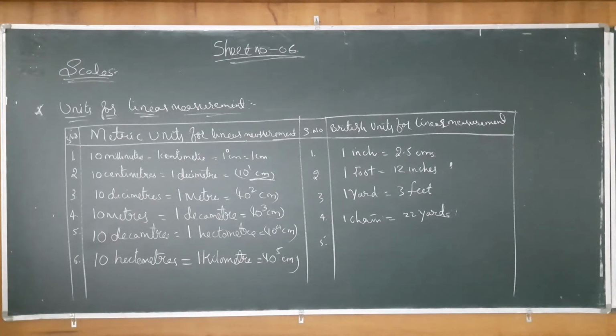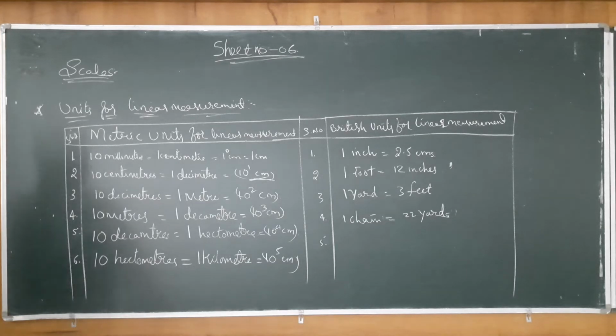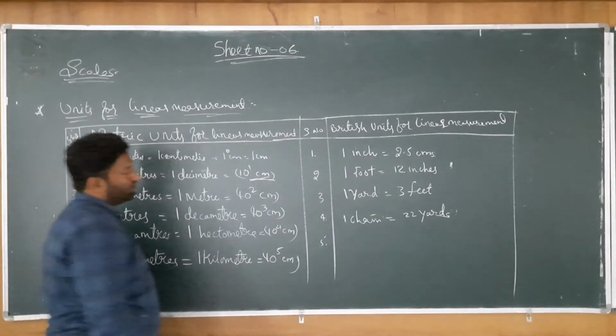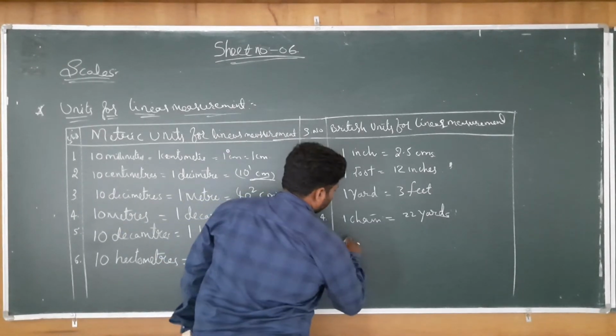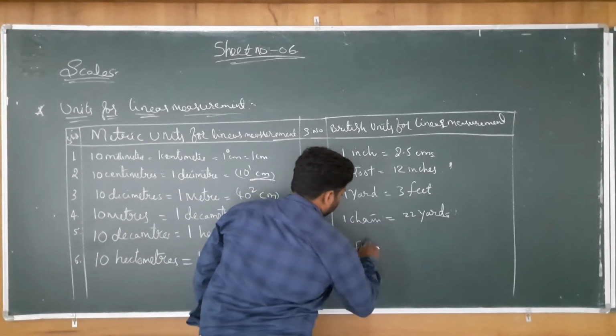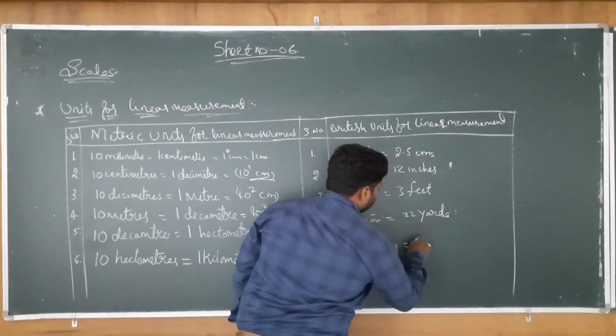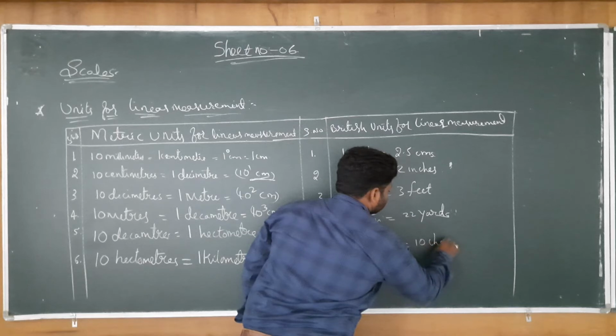Now the fifth one is 1 furlong, which is equal to 10 chains.